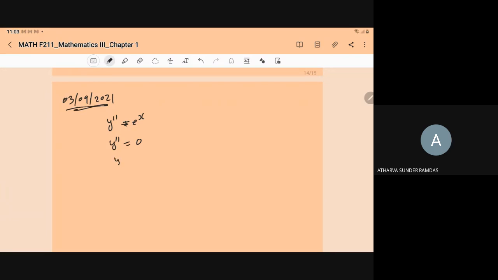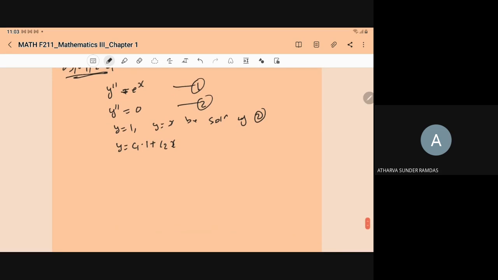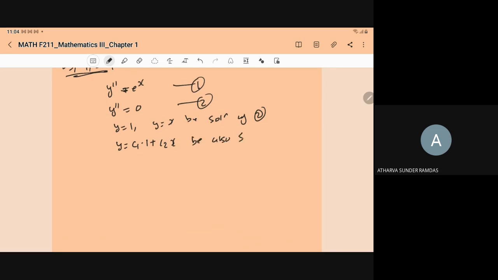So we can say y is equal to 1 and y is equal to x are solutions of the reduced equation. Let the complete equation be 1 and the reduced equation be 2. By theorem C, y is equal to c1 into 1 plus c2 into x is also a solution of 2.